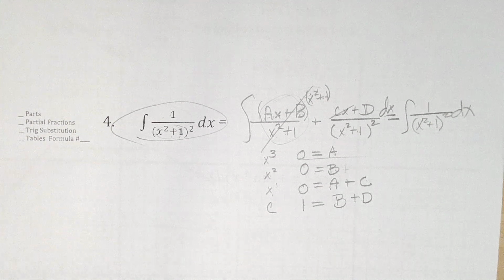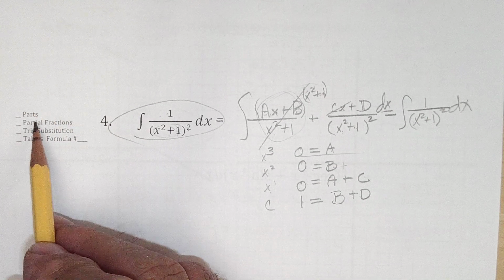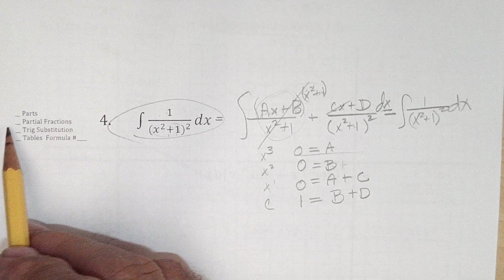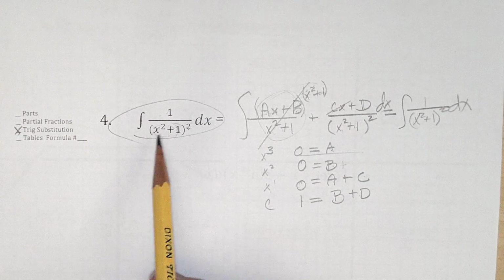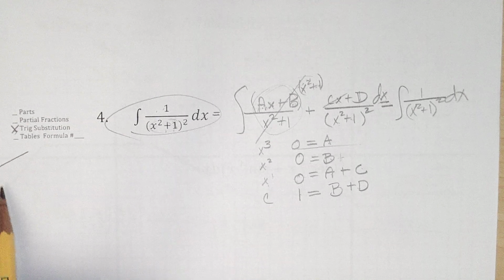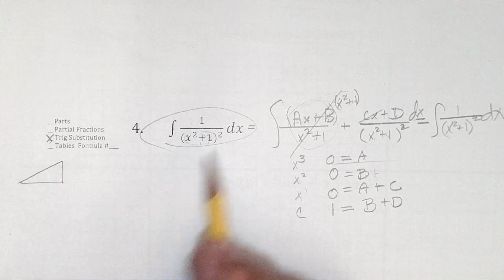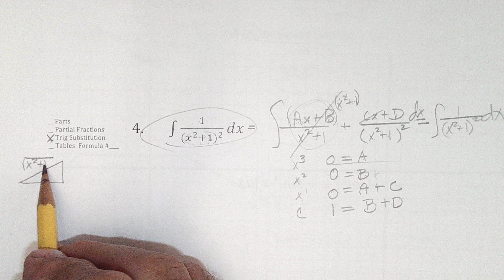But trig sub would. Parts doesn't. Partial fraction doesn't. You might find something like this in the table, but it's really a trig sub problem. And these are added, so I'm going to make my triangle with the hypotenuse, the square root of x squared plus 1.